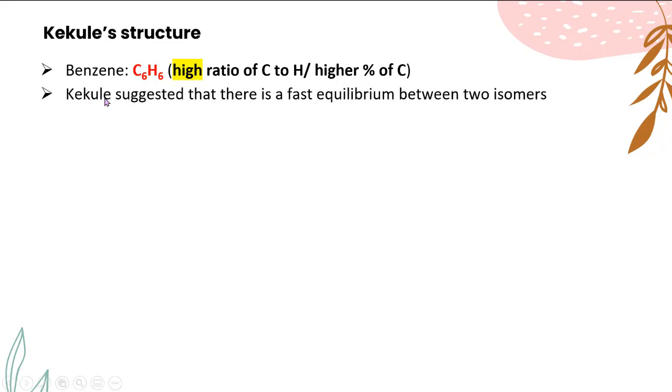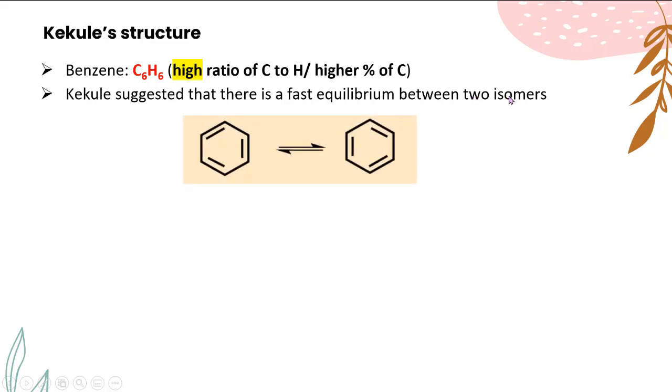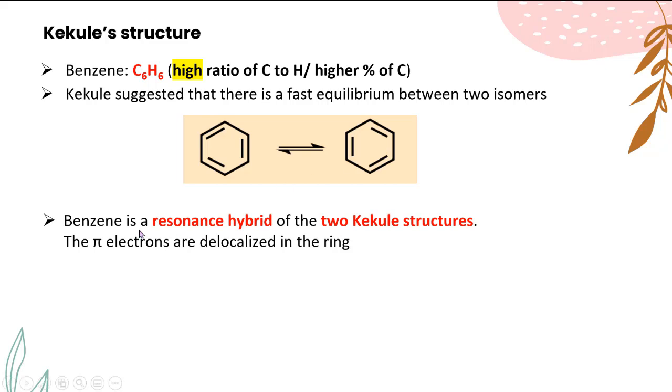Scientists suggested that there is a fast equilibrium between these two isomers given below. If you look, the alternate double bonds are changing position. Both of these structures are in equilibrium. Either one of these structures, when you draw it, still obeys the criteria for aromaticity. Benzene actually exists as a resonance hybrid between these two Kekulé structures, and the pi electrons are delocalized in the ring.